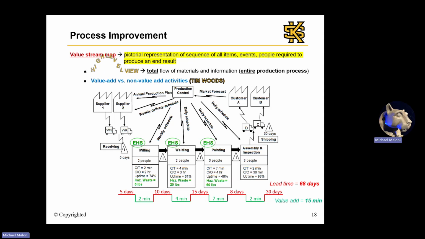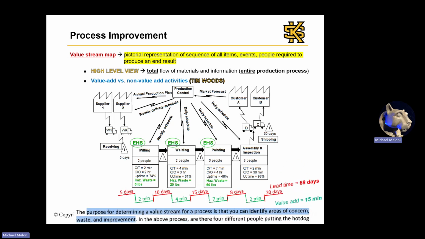It's a high-level view of the total flow of materials and information, meaning the entire organizational production process. And this includes identification of value add versus non-value add activity. And we'll learn a tool called Tim Woods later to do so. And then ideally, we remove the non-value add, that waste, to improve the process.